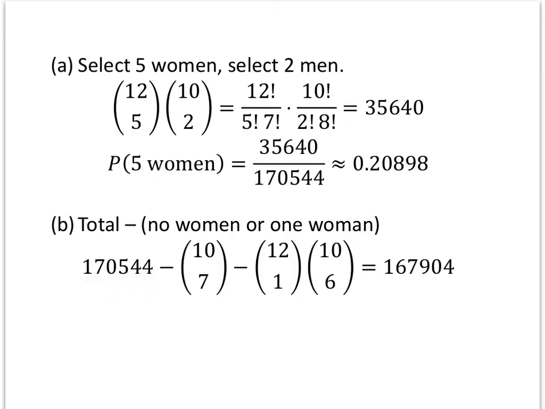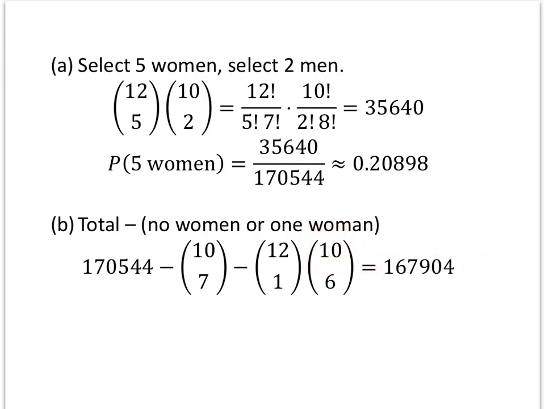Well, the total, remember, was 170,544. To have no women, that means all 7 of the people on the committee are men. There are 10 men. We want to choose 7. That's the case when we have no women. When we have exactly 1 woman, out of the 12 women, we want to choose 1 of them, and then the remaining 6 people need to be chosen from the 10 men.